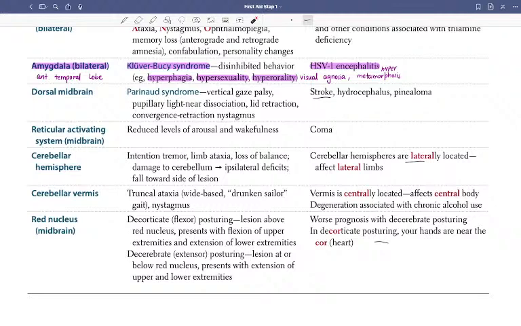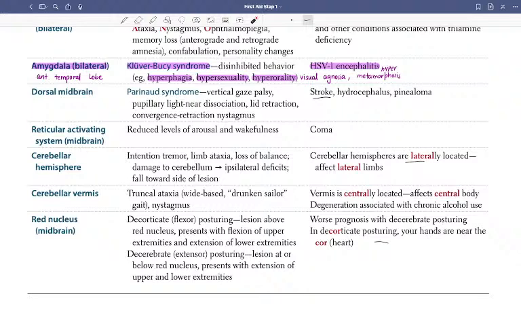Okay, so everything to do with oculomotor nerve, Parinaud syndrome, dorsal midbrain. Basically Collier's sign, that eyelid retraction is called Collier's sign, and upward gaze palsy, Parinaud syndrome, dorsal midbrain. And it basically compresses the superior colliculus.